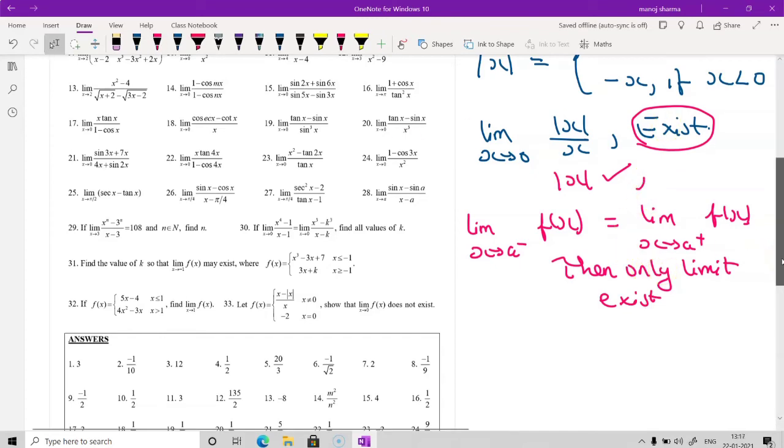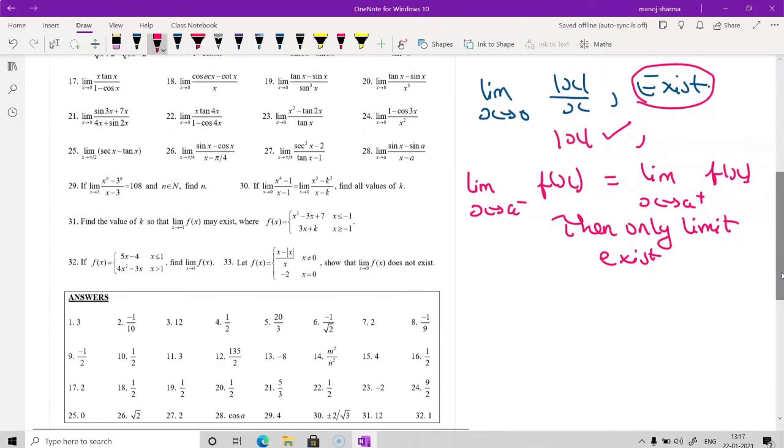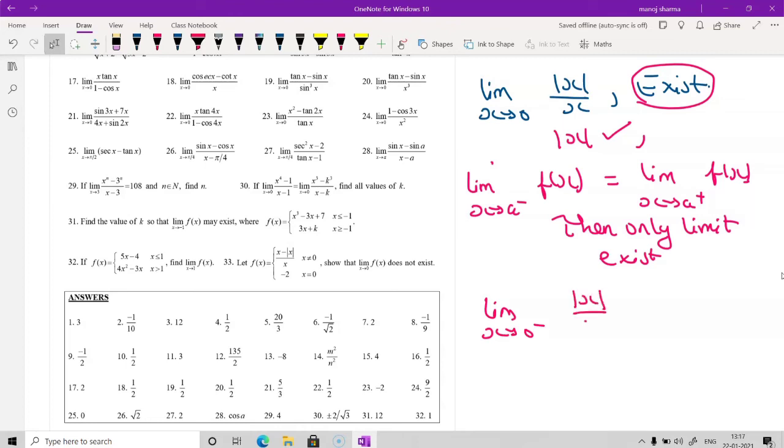Now speaking on this particular format of this modulus function, we have to see what is limit x tends to 0 minus of mod x upon x.